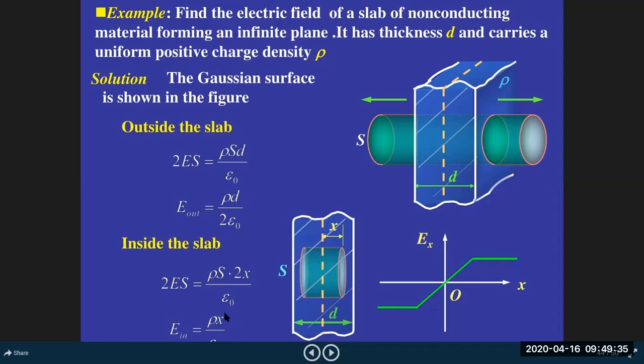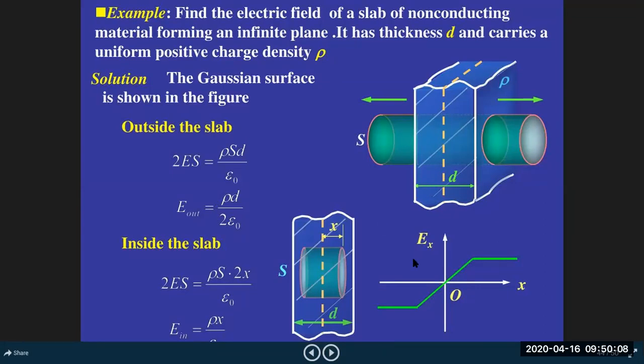So when x becomes 0, that means when you come exactly to a point between the two faces of the slab, then the electric field will be 0 at this place. But as you move away from the midpoint of the thickness of the slab, the electric field goes on increasing and becomes maximum at the surface.